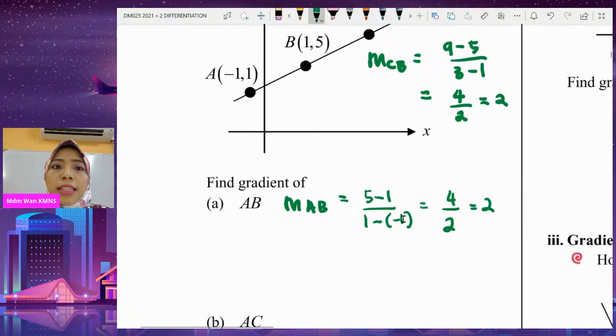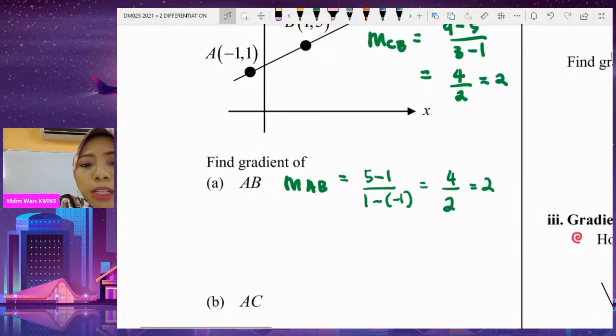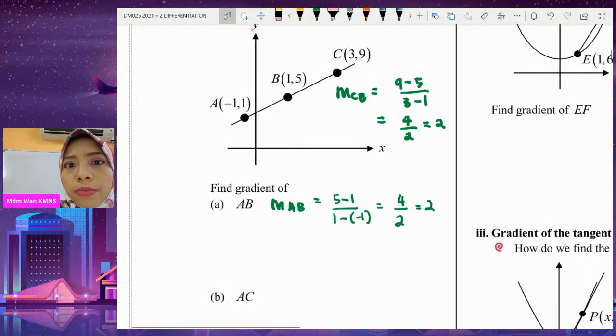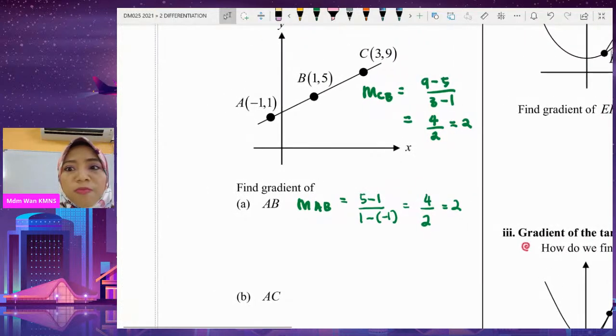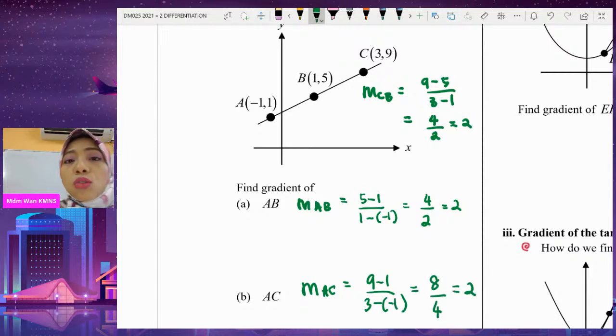Now for AC, I want you to find it yourself. Okay, never mind, I will do m AC. m AC is 9 minus 1 over 3 minus 1, so we end up with 8 over 4, which is equivalent to 2 as well.